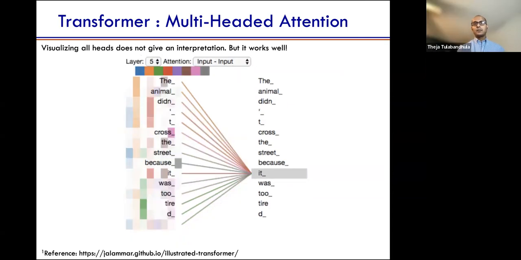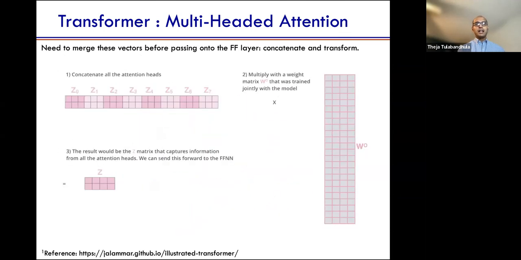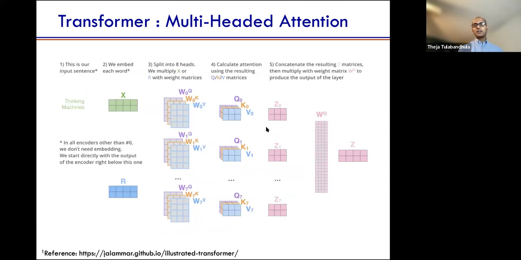Yeah. Okay. So as I said, once you get the z vectors, you can concatenate them and multiply with a matrix so that you can eventually get only one z vector. So it's just a typical feed-forward network. And this slide is just showing the whole operation starting from some embeddings.